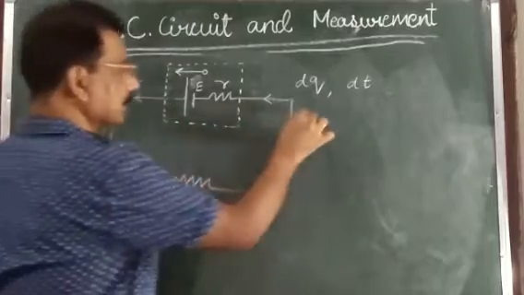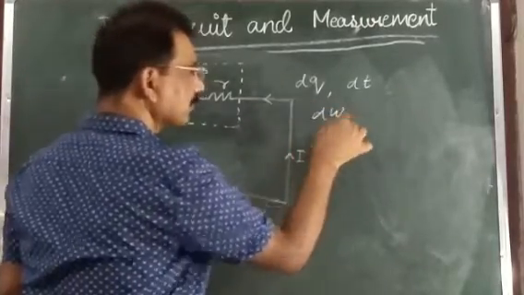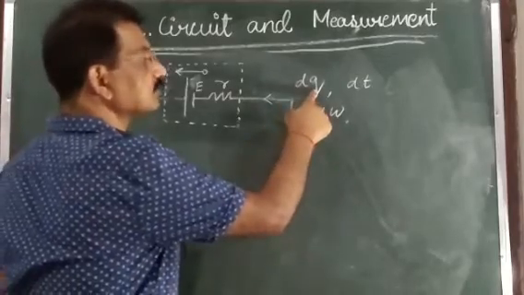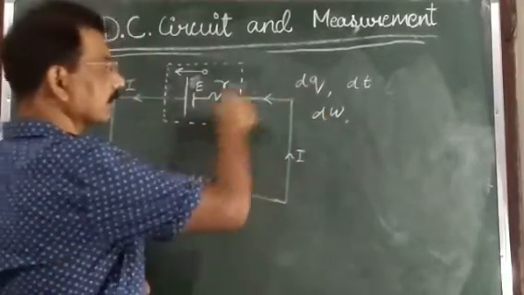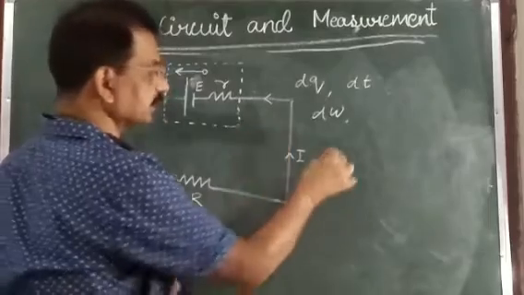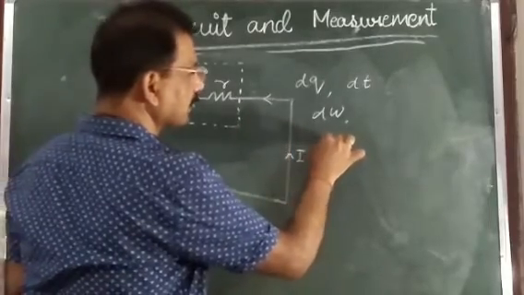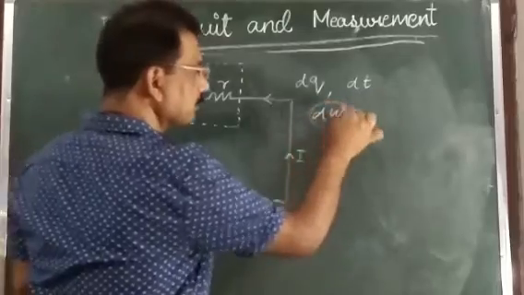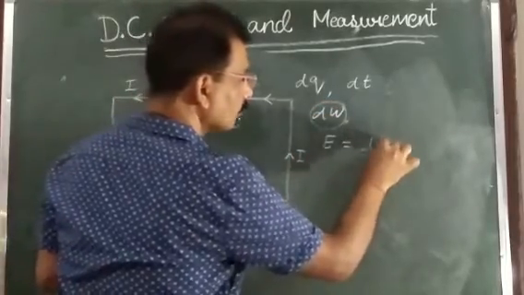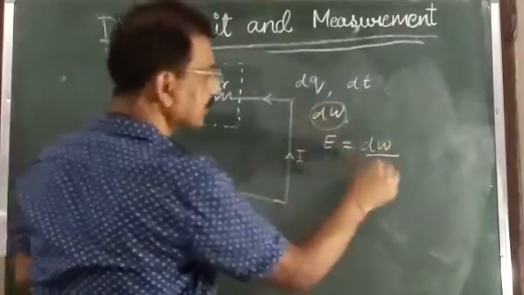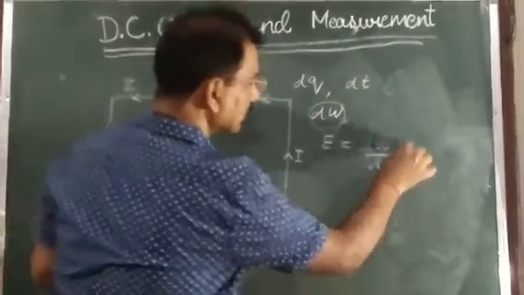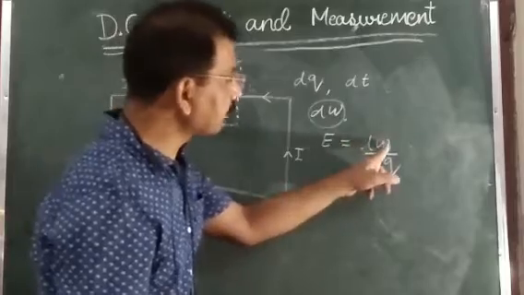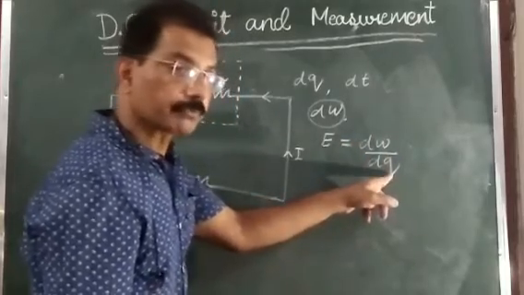Suppose dW is the work done by the cell to maintain this flow of charge throughout the circuit. Then by definition, the EMF of the cell is the work done dW to maintain the flow of charge dQ. It means the EMF of the cell is given by E equals dW upon dQ.